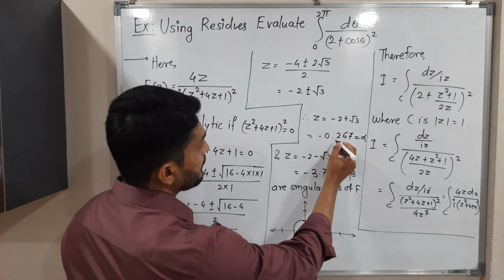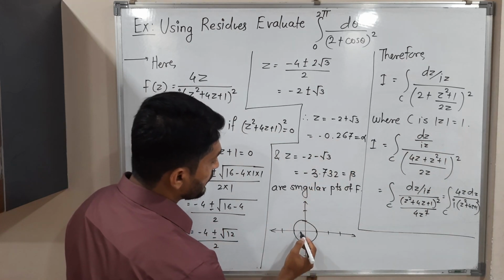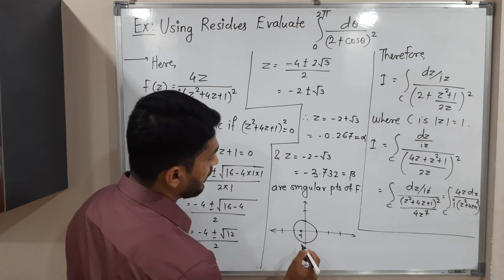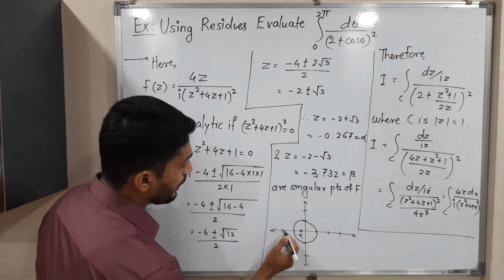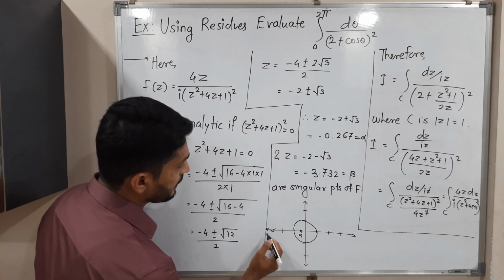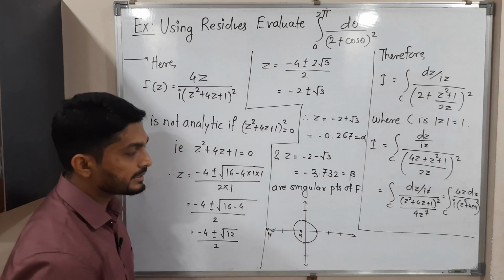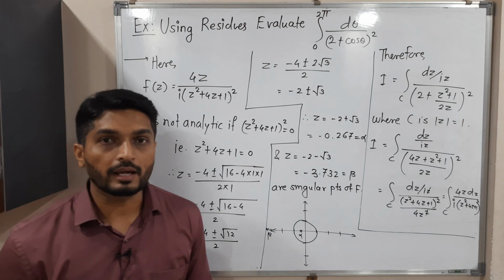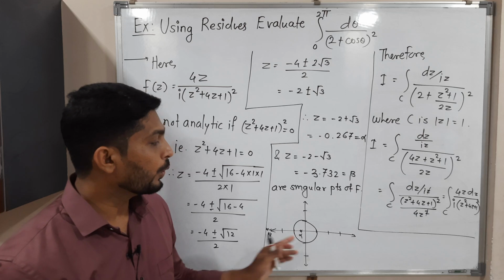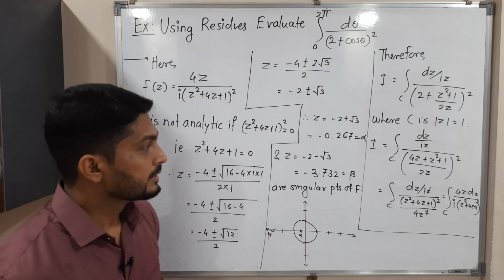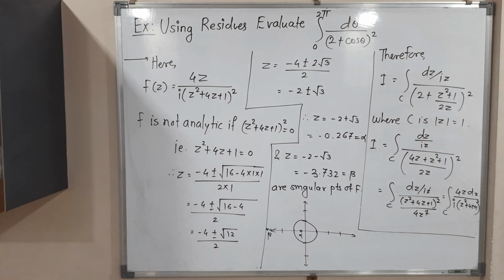Alpha, its value is minus 0.2, so it will be somewhere here, this is alpha, and beta is minus 3.7, so minus 3, 1, 2, 3 and so on, somewhere here, beta. So you can easily see that alpha lies inside C and beta lies outside C. It means we have to find residue only at alpha. See, just make a screenshot of it, then I will go further.